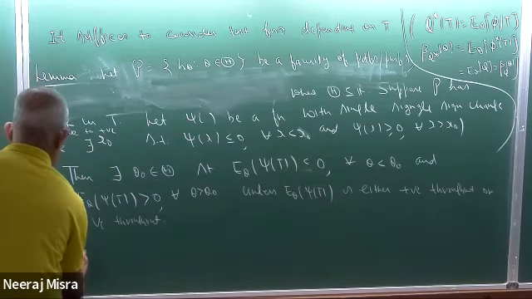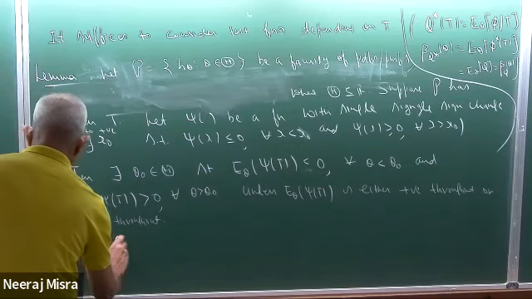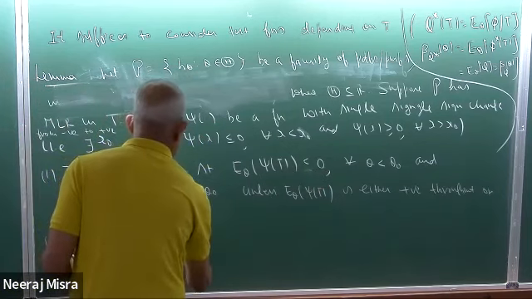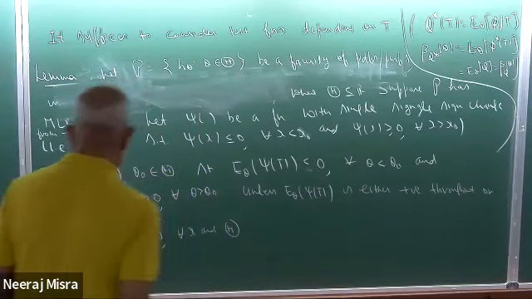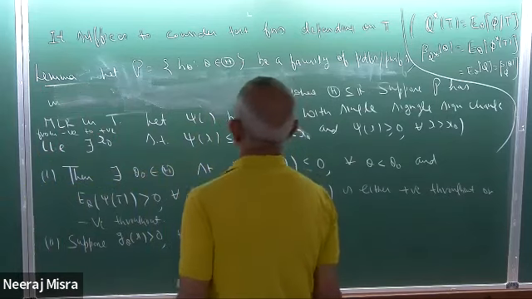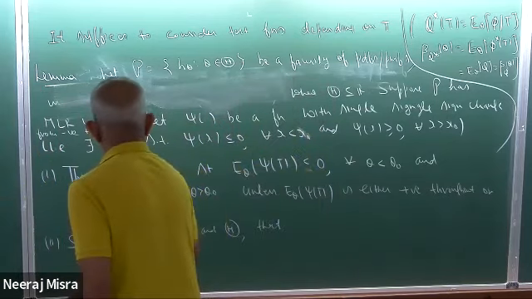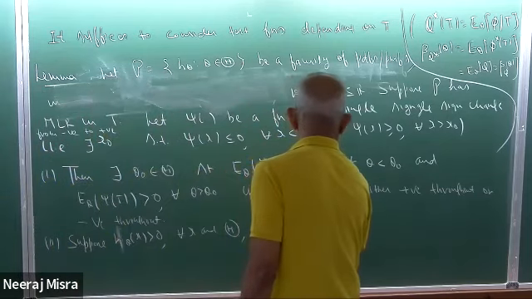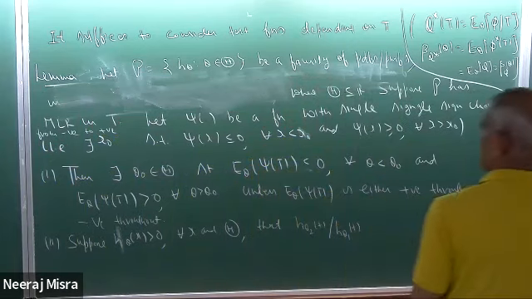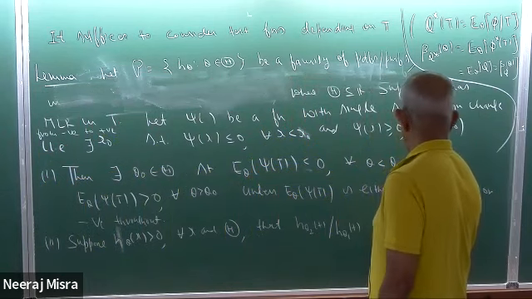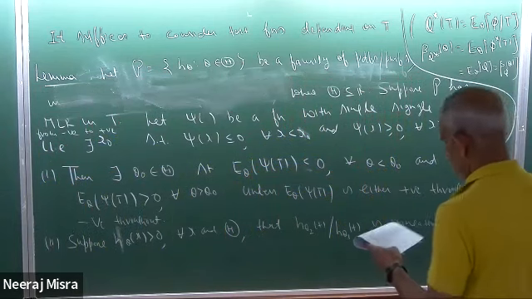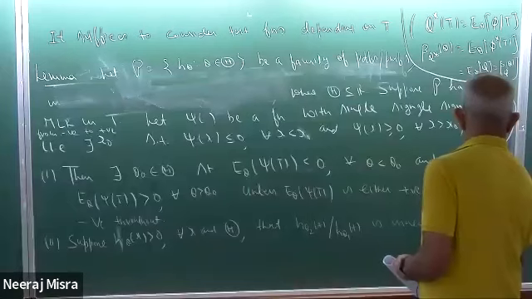Suppose g theta of x is positive for every x and theta, that h theta 2 of t upon h theta 1 of t is increasing in t, whenever.